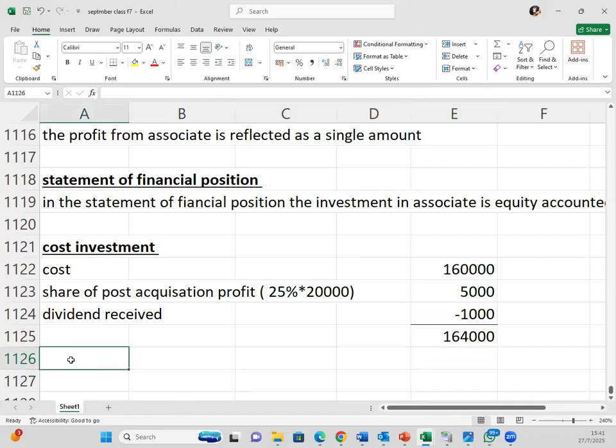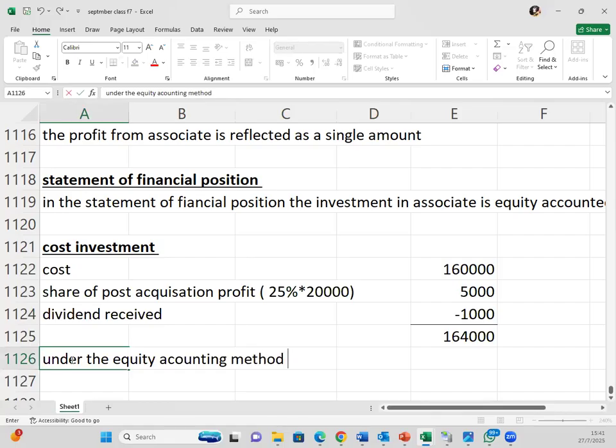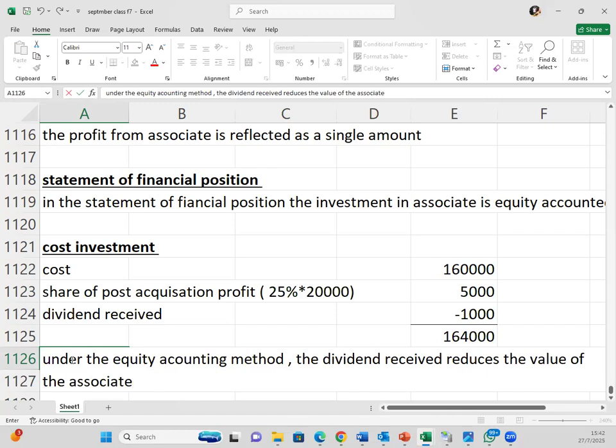Under the equity accounting method, the dividend received reduces the value of the associate, whereas the profit from associate increases the investment.